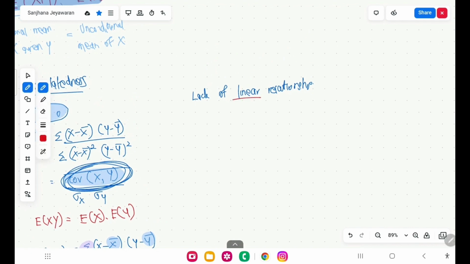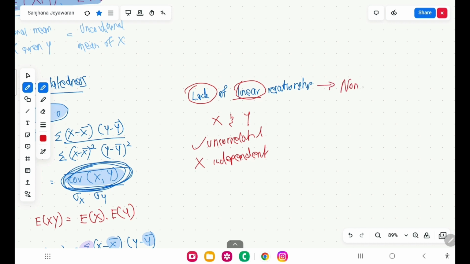So uncorrelatedness doesn't mean x and y are independent. For that we have a specific concept called independence. If two variables x and y are uncorrelated, it doesn't mean that they are independent necessarily. What they are referring to as a lack of linear relationship is that these two variables may have a non-linear relationship.